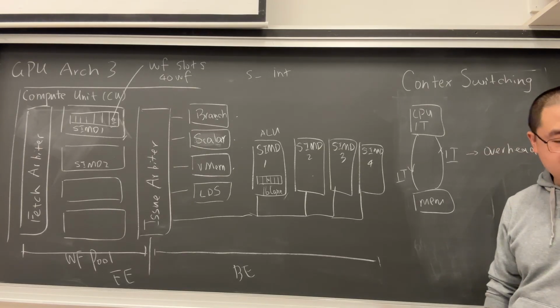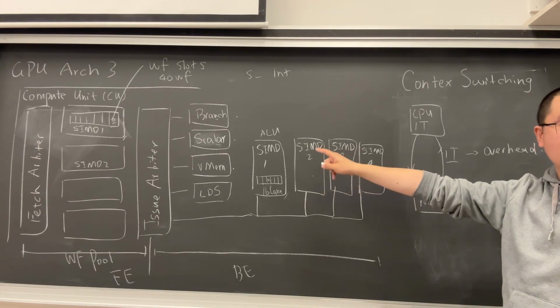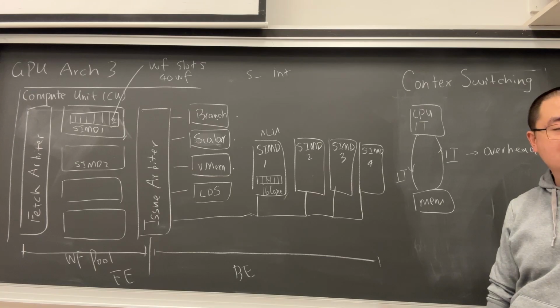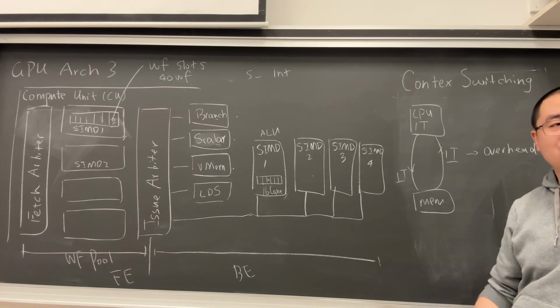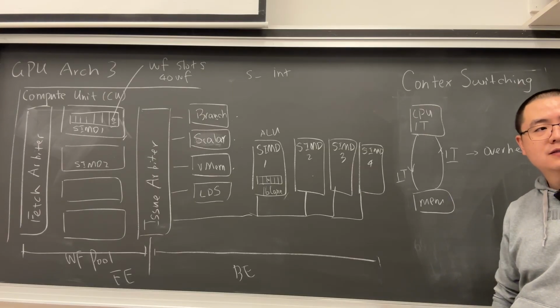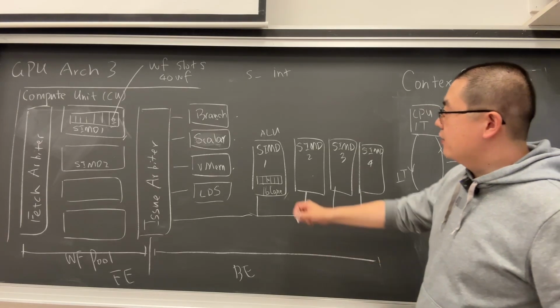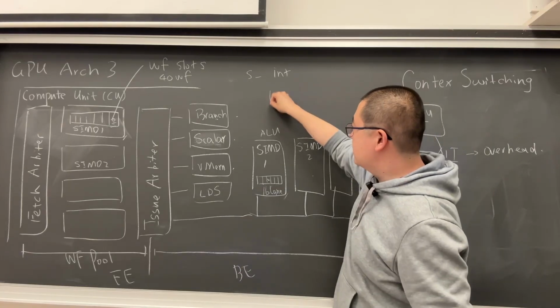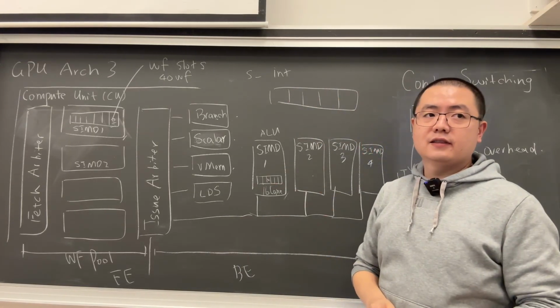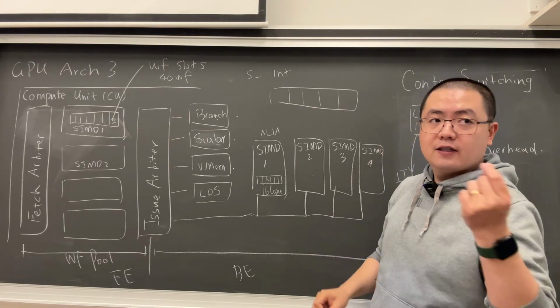Then the quick question is, what is the context switching overhead for GPUs? It's another good interview question for architecture. The quick answer is there's no overhead, zero overhead. Why? Just consider it as a pipeline, simplified.